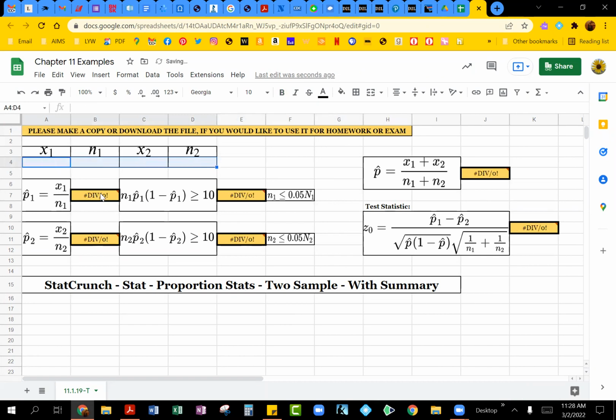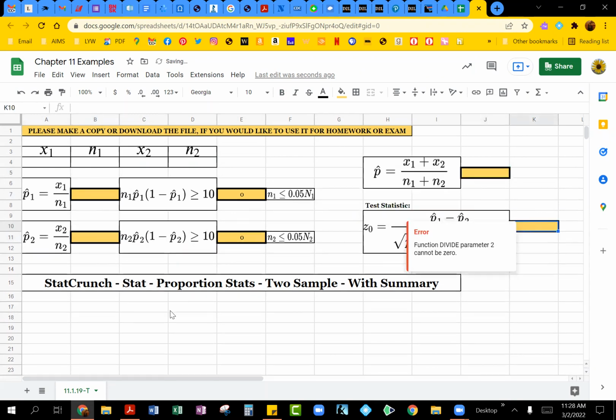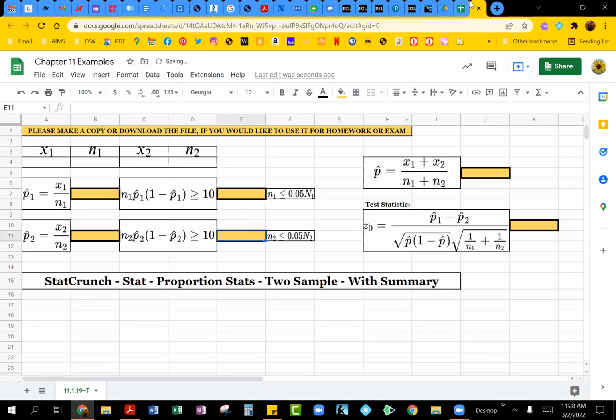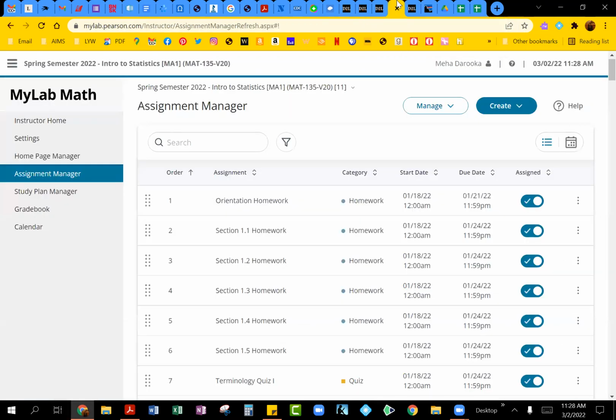But the example that we are looking at is, let's get rid of this older information here. Okay, it is actually 11.119.